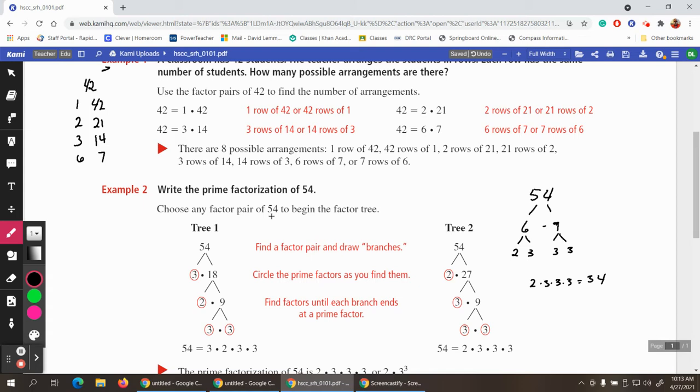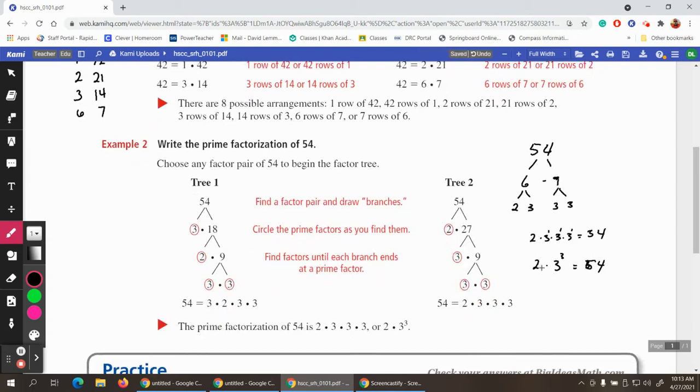We know with exponents, and if you don't know that, we'll have a video on exponents, that if we are multiplying like bases, we can add the exponents. Those all have a 1, so that can be 2 times 3 to the third equals 54. So we can write it that way.